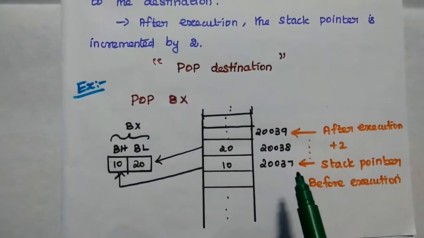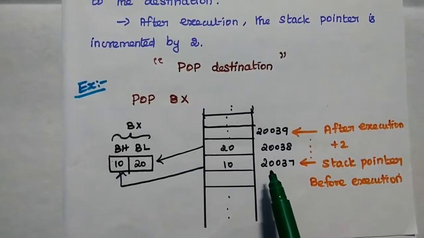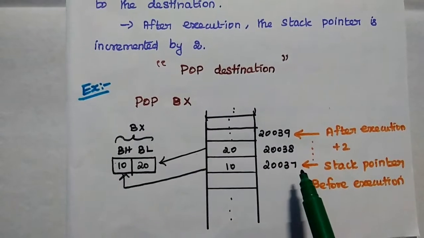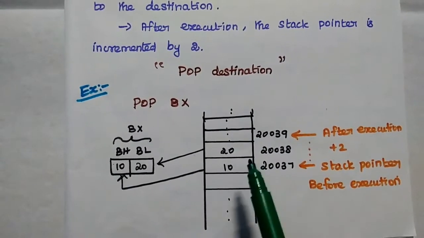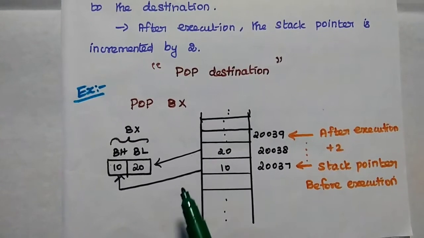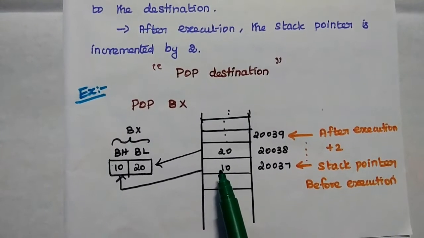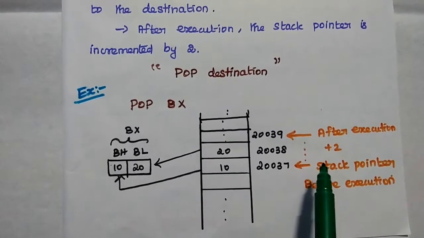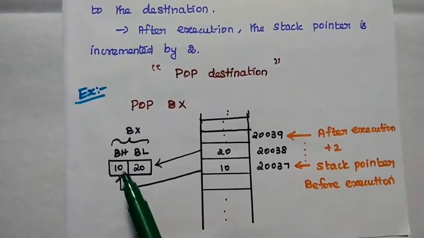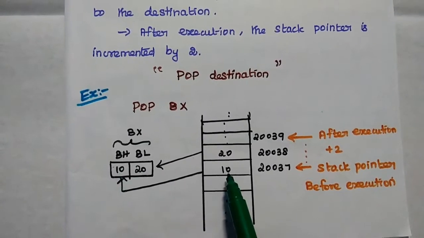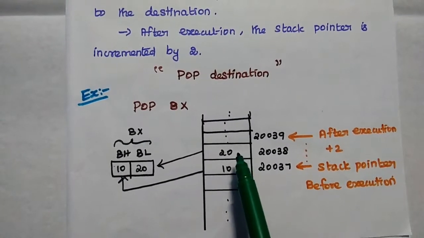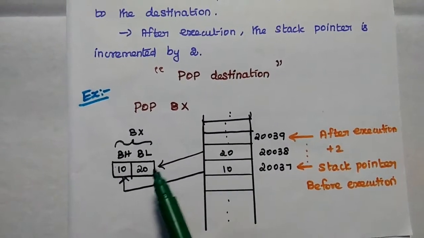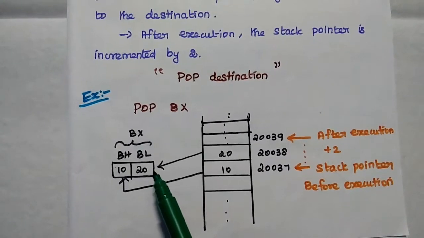Here the stack pointer is pointing to that memory location 20037 before executing this instruction. So at the time of execution we are going to copy the content of the current stack pointer value to this BH and then increment that value by 1 and that value is copied to this BL register.